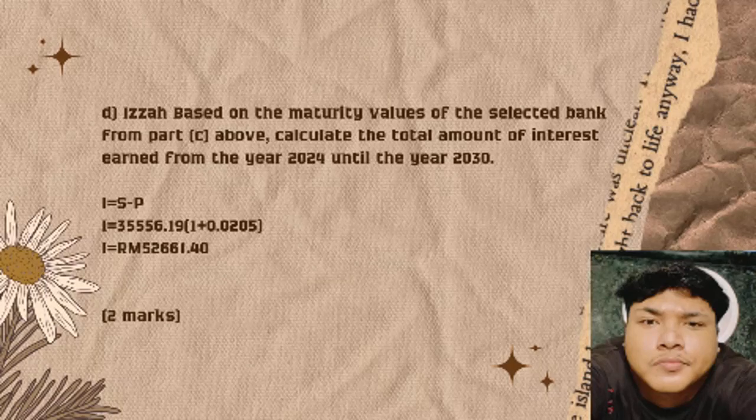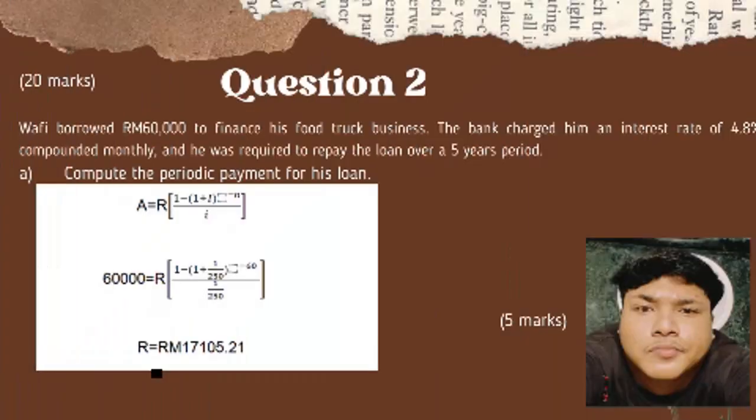The formula is I equal to S minus P. Same goes to I equal to 35,556.19 bracket 1 plus 0.0205. Then shift solve. I equals to RM52,661.40.